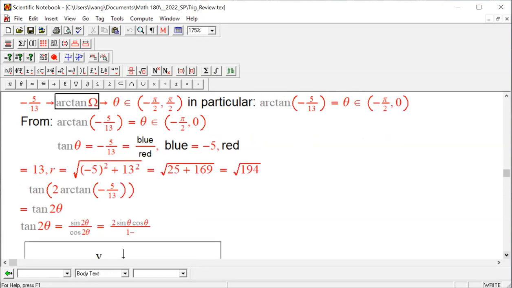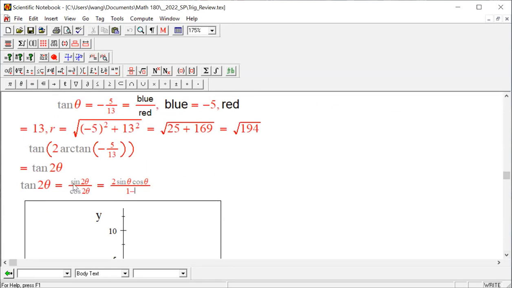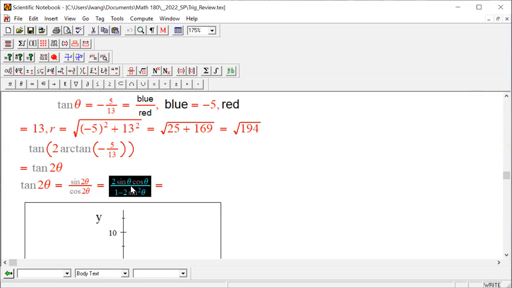So you can see we need sine 2 theta and cosine 2 theta. If we look closely, cosine 2 theta equals 2 times sine squared theta, and so on. If we use this formula directly, we need to find sine theta and cosine theta, which we can.